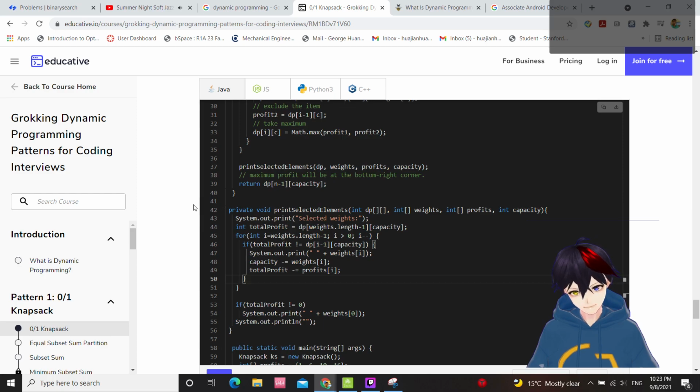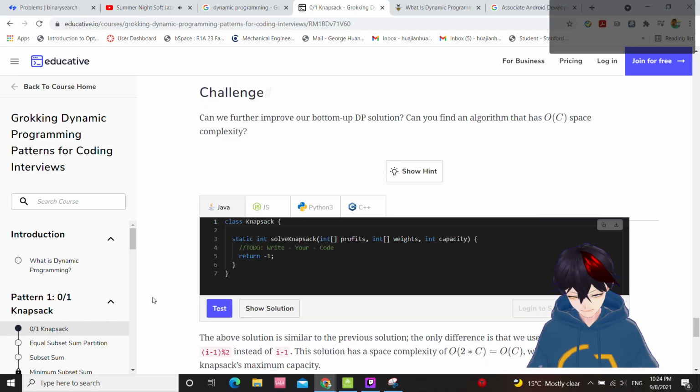Base dot length minus 1. Not sure how many elements are there. Okay, it updates both, so we will traverse. Got it. Got it.